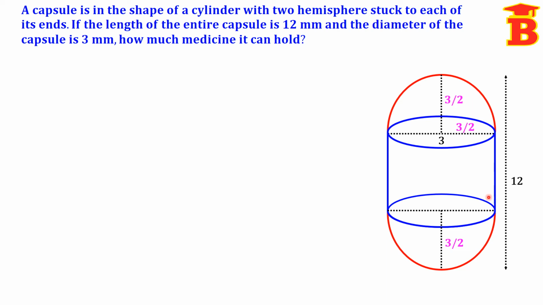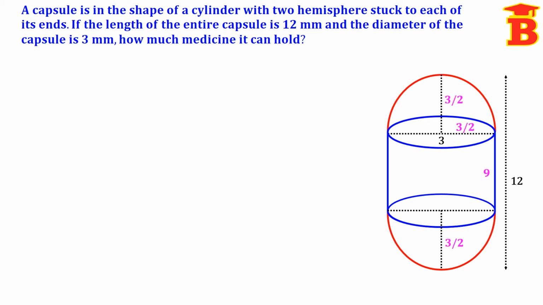Now the height of the cylinder is the total height minus 2 times the hemisphere height, because we have 2 hemispheres. So 3 by 2 plus 3 by 2 is 3. Subtracting from 12, 12 minus 3 is 9. That is the height of the cylinder.